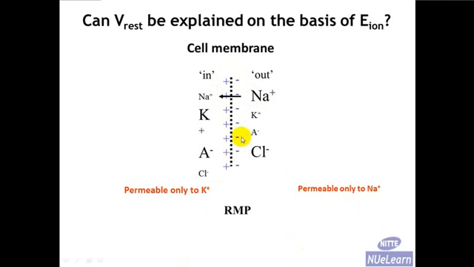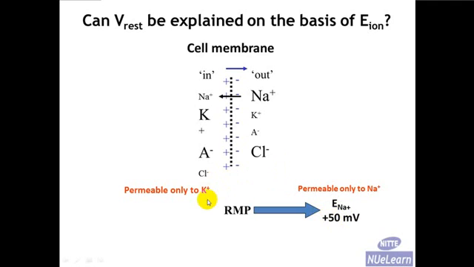The outer aspect of the membrane develops negativity, and again we would have a charged membrane. However, now if this membrane is permeable only to sodium, not to potassium, then in the resting state, in the equilibrium state, the potential across the membrane would be very close to the equilibrium potential for sodium, which would be about plus 50 millivolts.